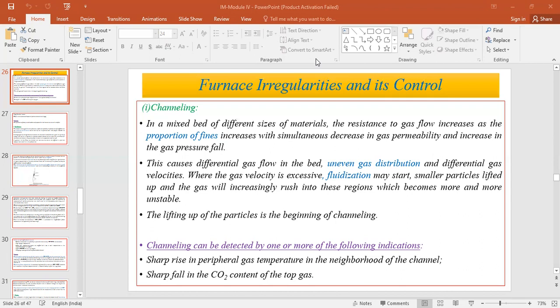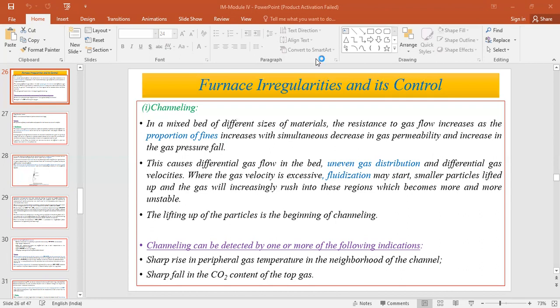And if the mechanical properties of these raw materials are not good, then certainly it may generate fines during its motion inside the blast furnace.